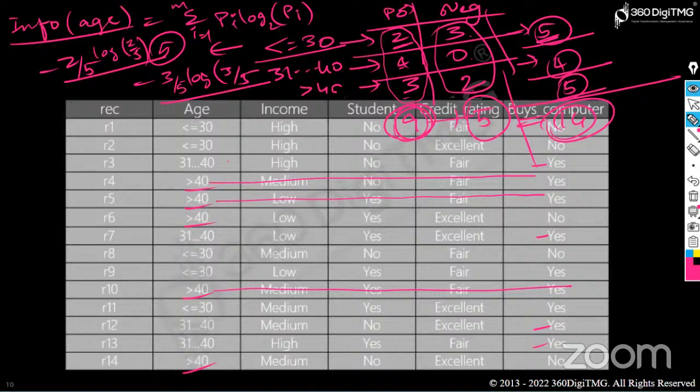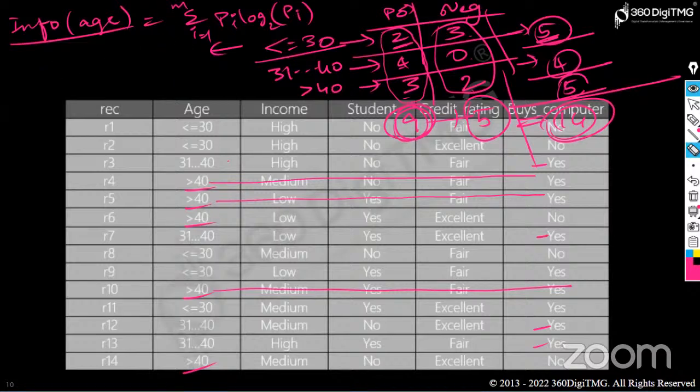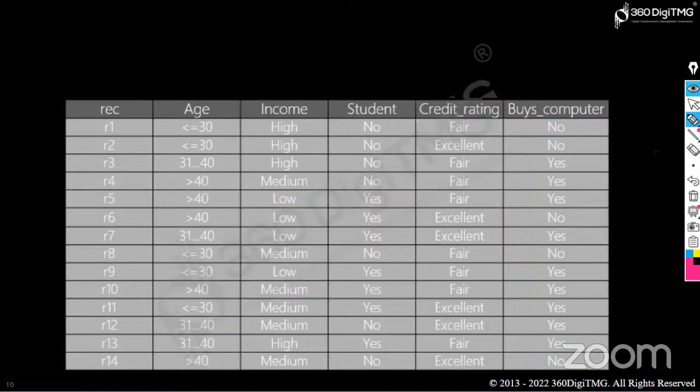Now, next, when I consider 31 to 40, I'll be having 4 by 4 log of 4 by 4. What is log 1 to the base 2? Log 1 is 0. So you will not get any gain value.